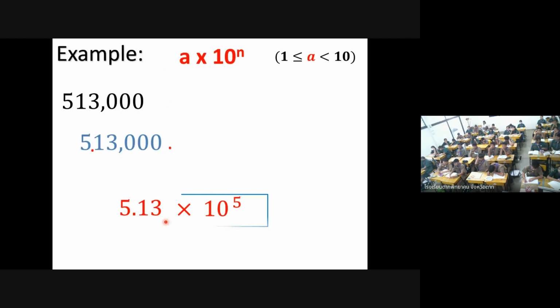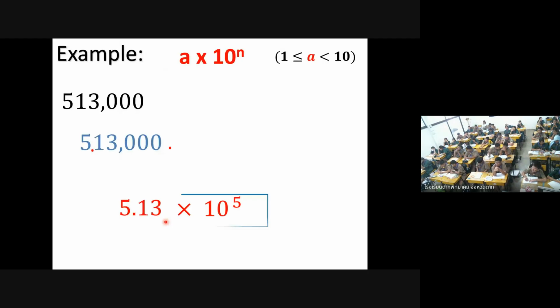5.13 times 10. What would be our N? N is the number of times you move the decimal point. How many times did you move it? 1, 2, 3, 4, 5. So what's the exponent? 5.